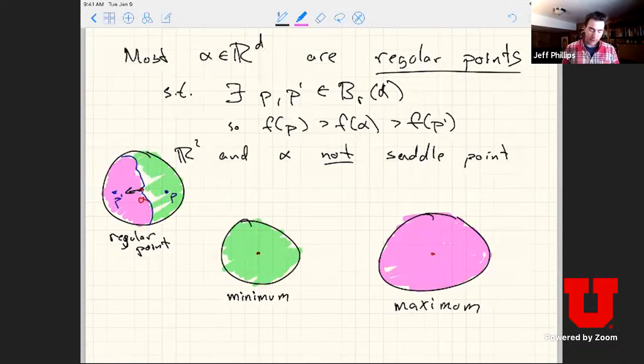So if I'm at this regular point and I shift alpha over here to alpha prime, I'm going to shift this boundary, and more and more stuff in the old local neighborhood is going to look green.